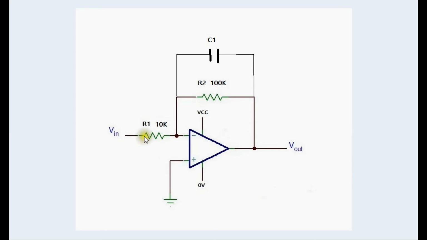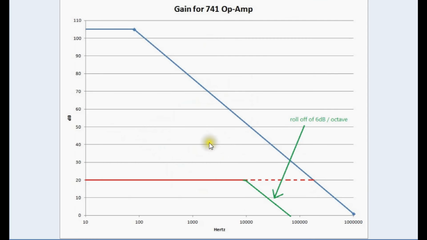We will have gain of 20 with a nice defined 6 dBs per octave slope, and we are now controlling with our feedback the gain and the high frequency response. Yeah, if you wanted to, we could stick another capacitor in, do the same sort of calculations, and we could put a slope at the front to tailor it, because maybe we don't want to go right down to very low hertz.